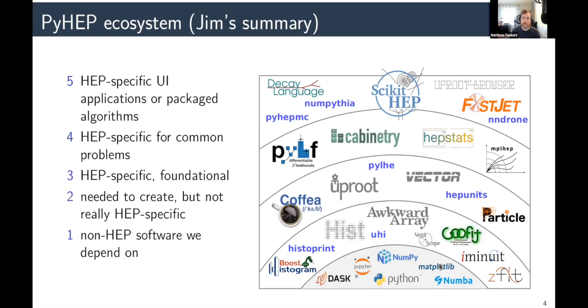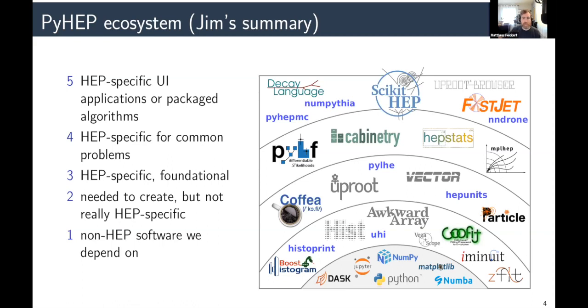The fourth tier then focuses on much more high energy physics specific problems. mplhep, for instance, makes sure that we can have plotting that looks very similar to a lot of the styles that already exist in the LHC experiments. And then pyhf and cabinetry are focused very specifically on binned statistical models.